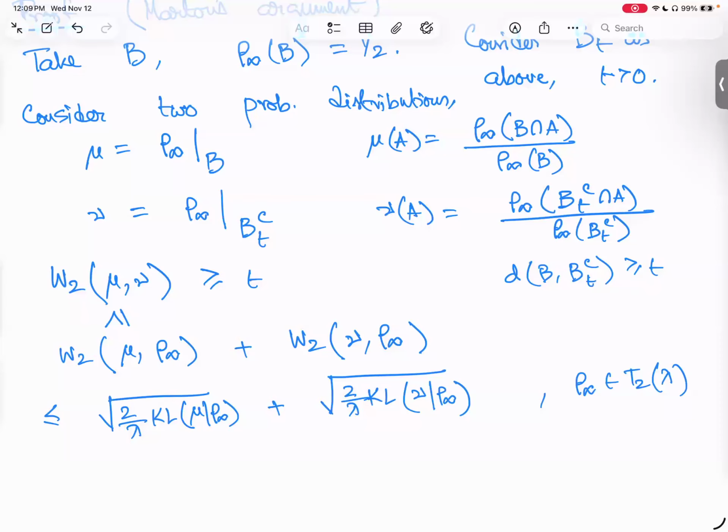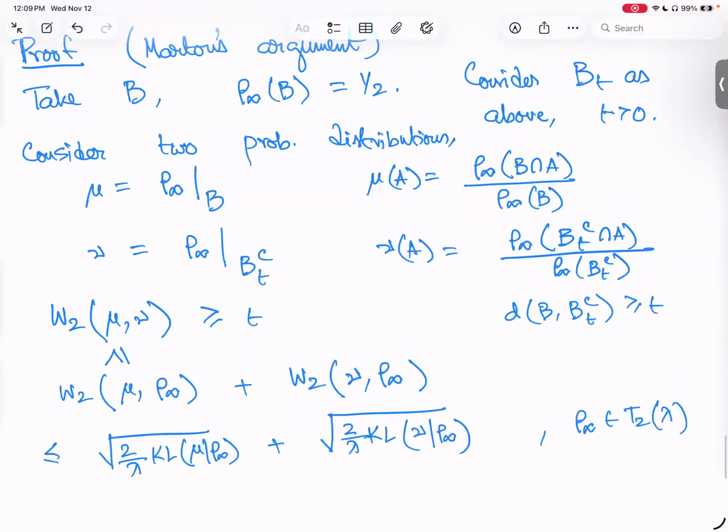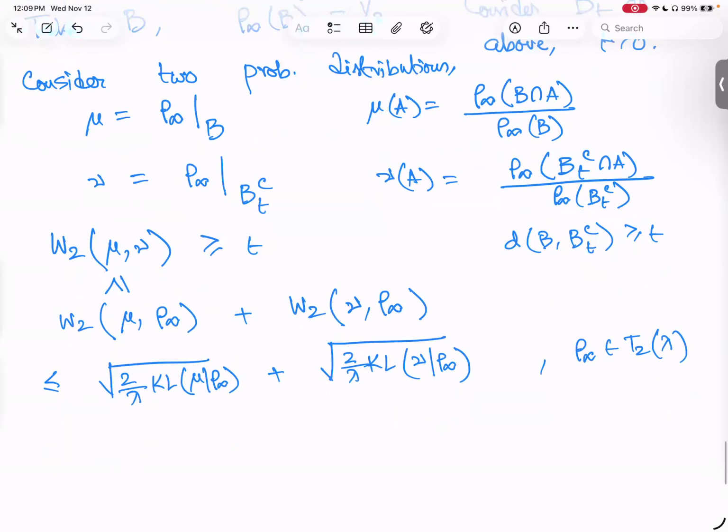Now, what is the Kullback-Leibler or relative entropy of mu with respect to rho infinity? So mu is just rho infinity conditioned to be in B. If you quickly compute this, I'll leave it for you to verify, you'll get that this is exactly equal to square root of 2 over lambda log of 1 over rho infinity of B. Mu's density is rho infinity divided by rho infinity of B inside B and 0 otherwise.